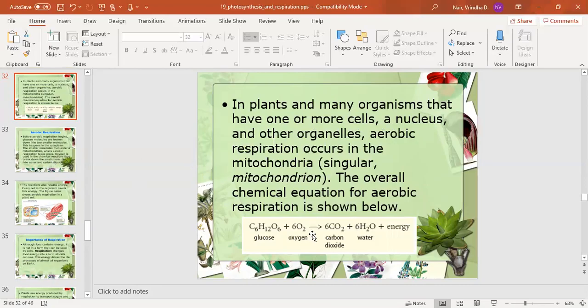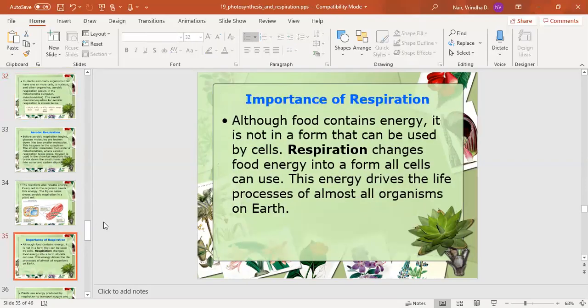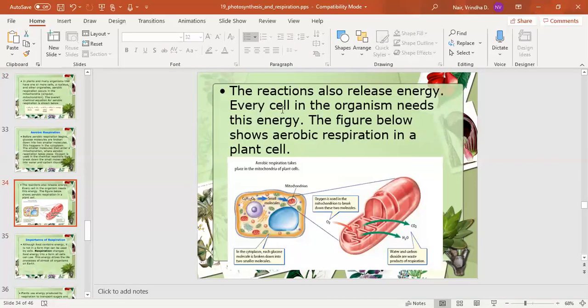So here again is the same thing, how respiration happens in mitochondria. Mitochondria is a small portion of a plant cell. So respiration happens in mitochondria.